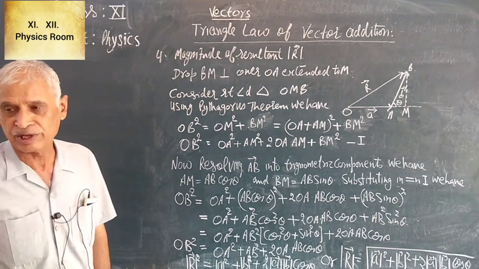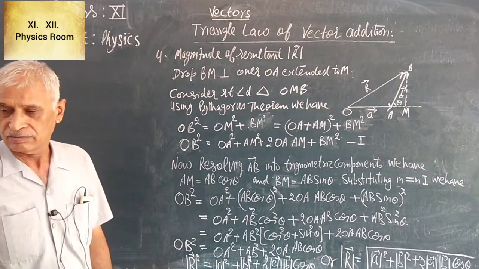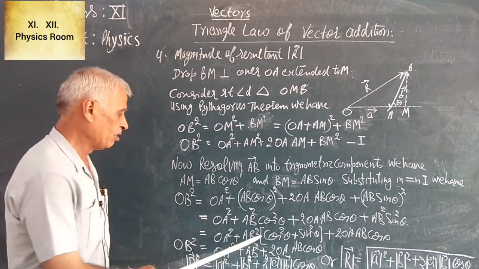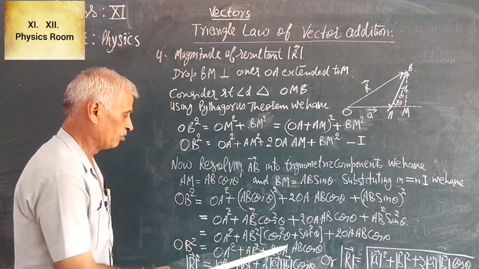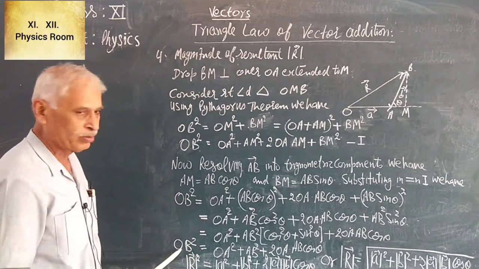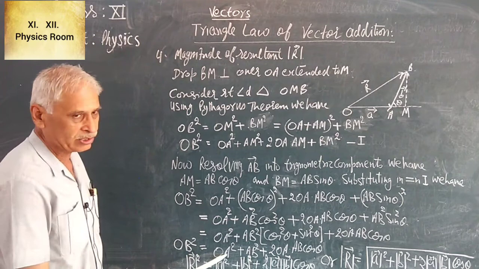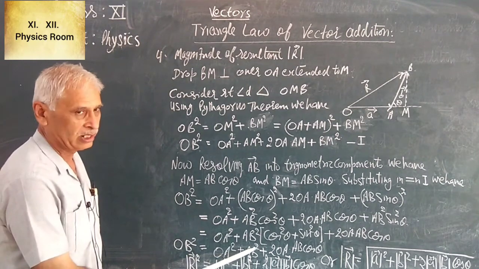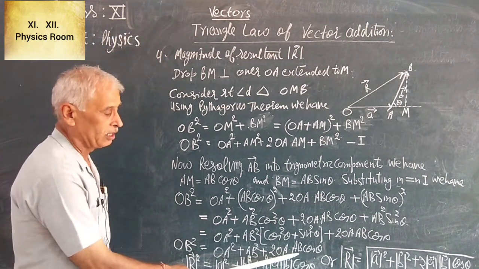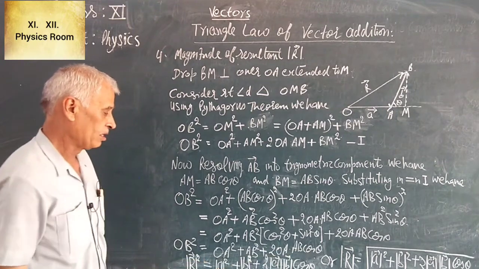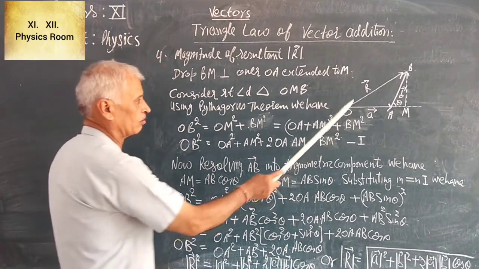We know in trigonometry cos square theta plus sin square theta is equal to 1. So we put it as 1. So we arrive at this equation OB square is equal to OA square plus AB square plus 2 OA AB cos theta. Now we substitute the value of the vectors.